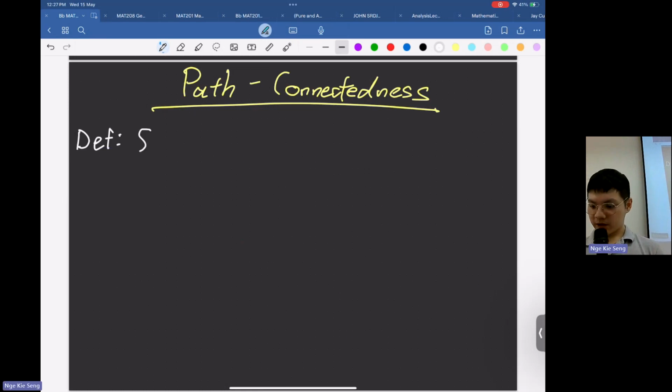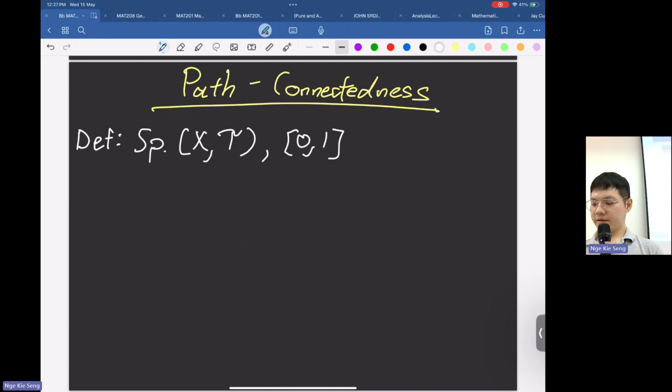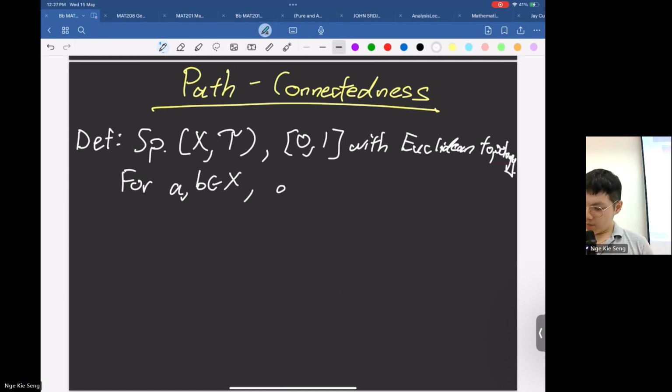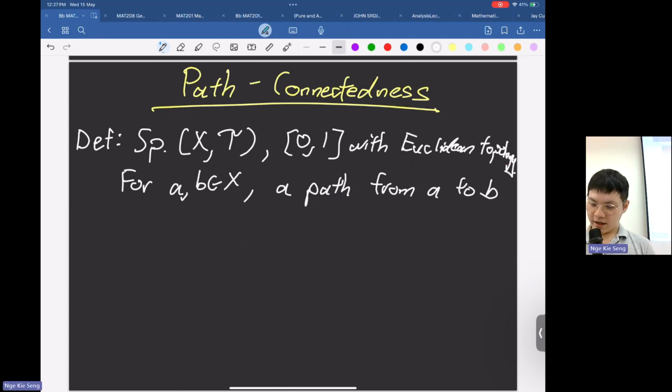Suppose we have a topological space X, and the interval 0 to 1 with the Euclidean topology, meaning the normal topology on R. For any two points A, B in X, a path from A to B in X is a continuous function.